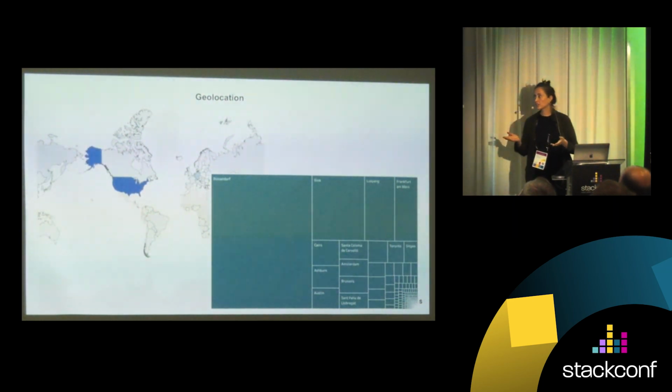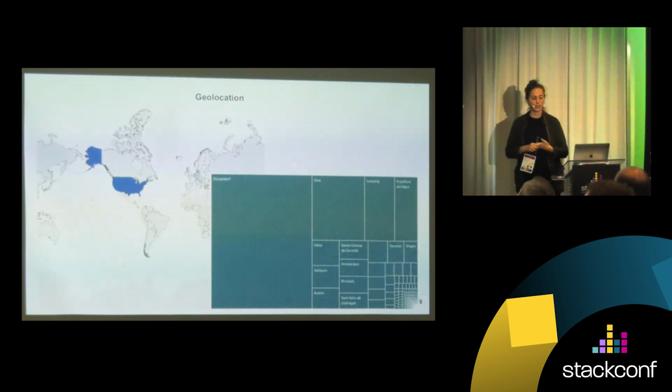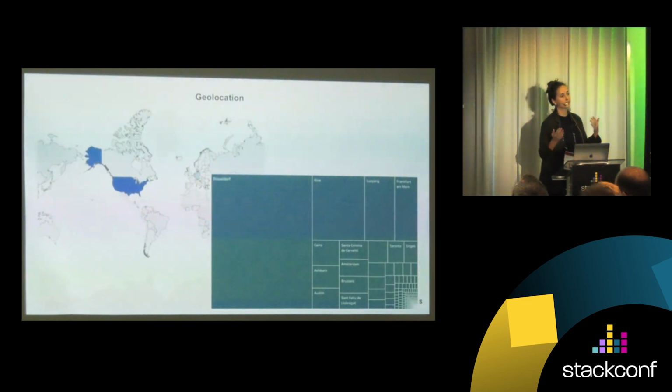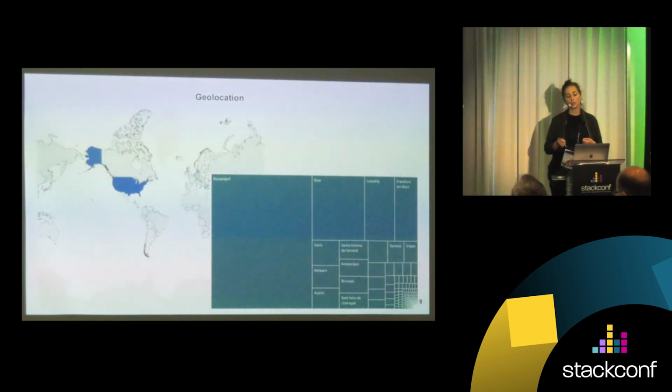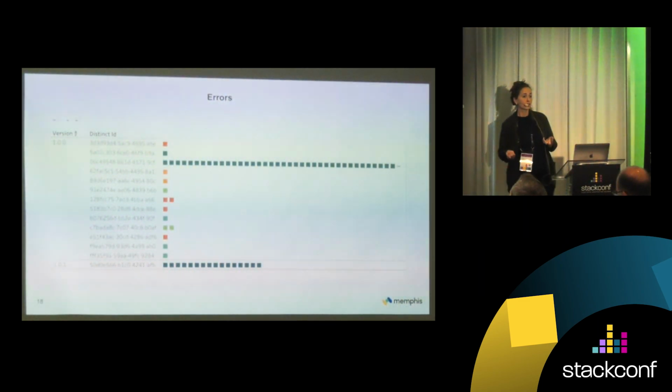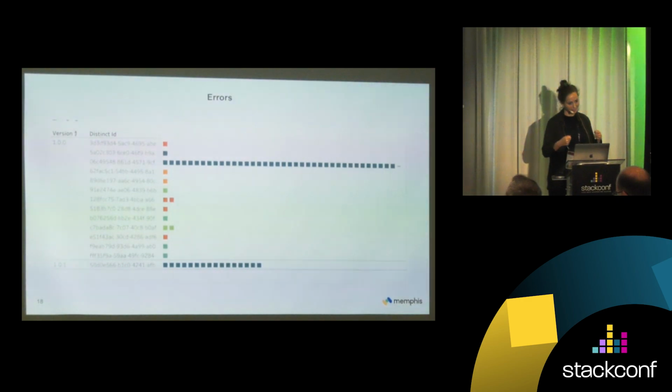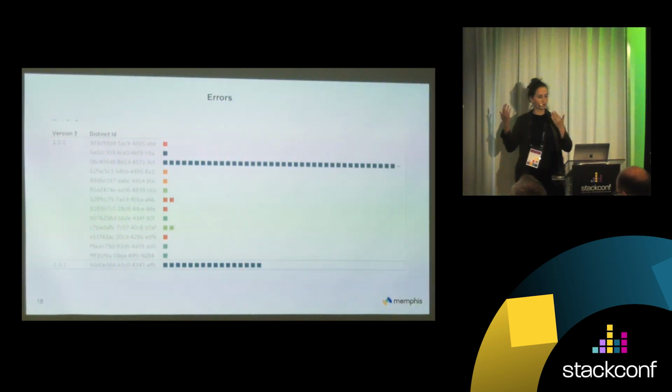The geolocation, for example, gave me the option to understand where the users are located, what the time zone differences are. I could create events in their time zones to understand the culture a little bit more. For the errors, I wanted to know if our users experience errors before they know about them themselves. For example, this is from one of the previous versions.